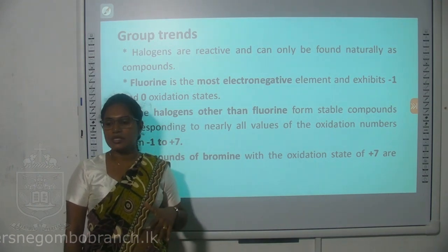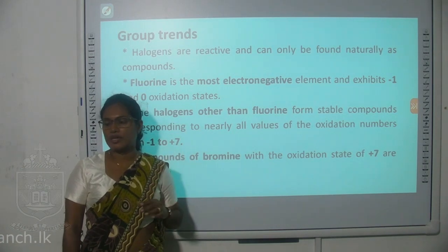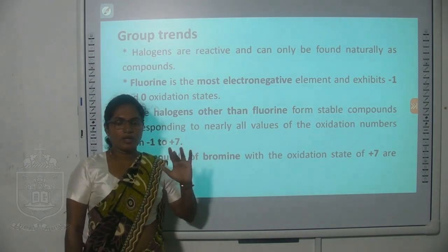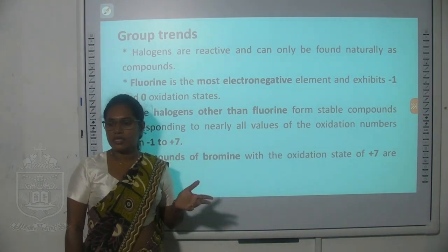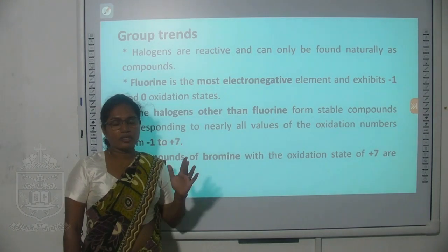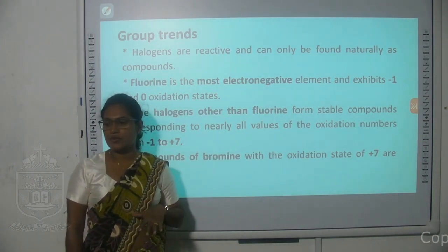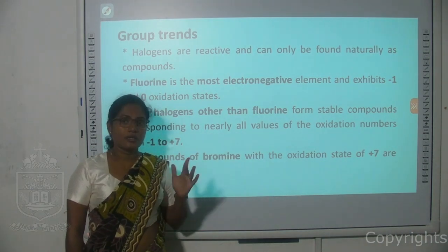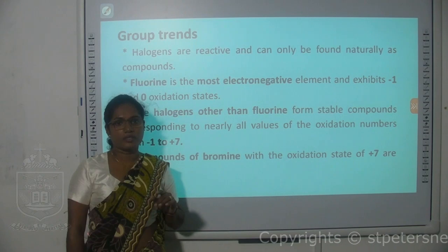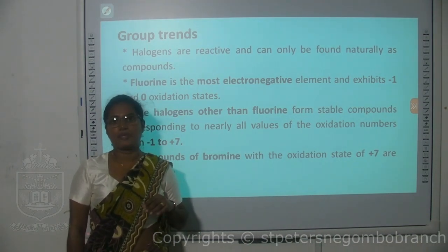Among these elements, fluorine is the most electronegative element, and it shows oxidation states of -1 and 0. But other halogens show oxidation states from -1 to +7. But the compounds of bromine that have the +7 oxidation state are very unstable.